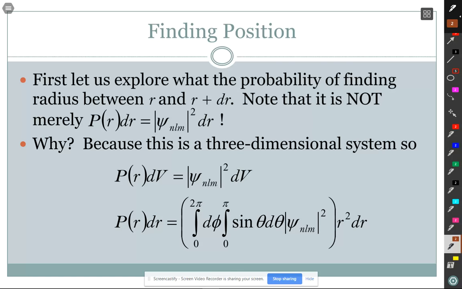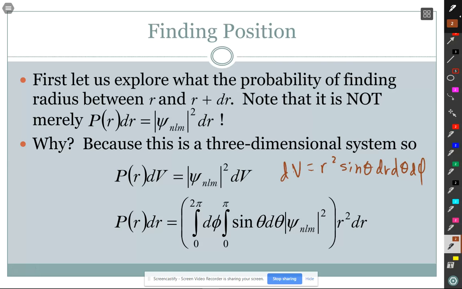And so the probability of being at radius r dv is going to be, and here dv for spherical coordinates is r squared sine theta dr d theta d phi.